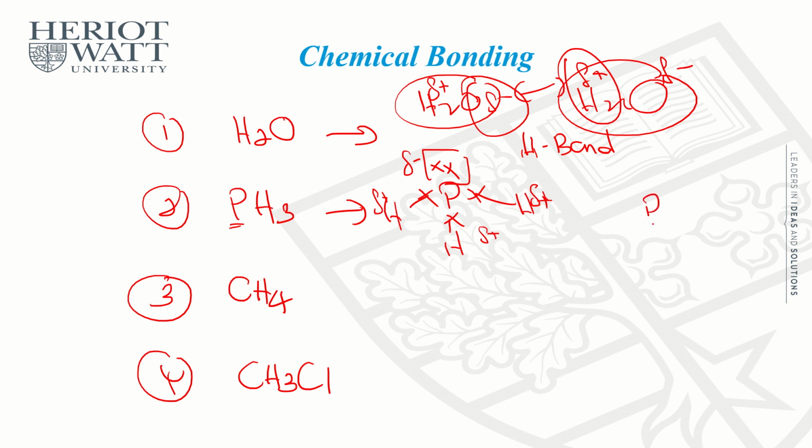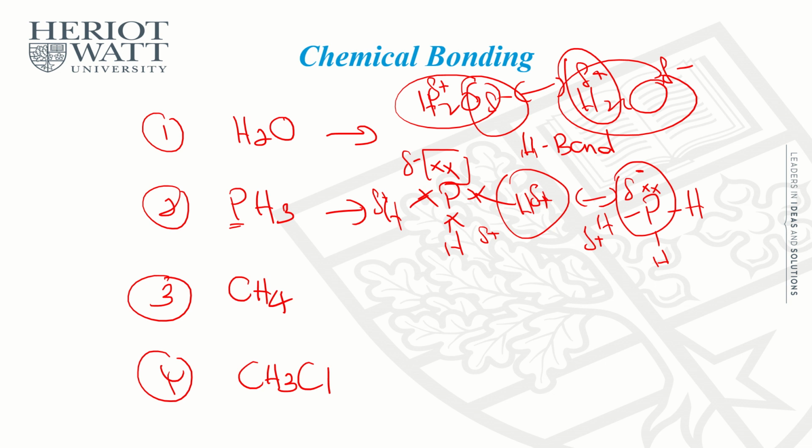And imagine I have another PH3 around here. So what's the force of attraction between them? This is still positive. The central atom is still negative. So a positive hydrogen with a negative P. Can I say this is a hydrogen bond? No. Why not? Because hydrogen plus with P, not FON.